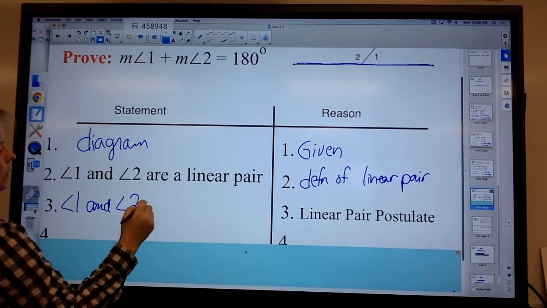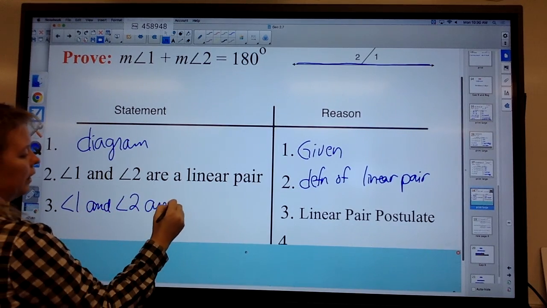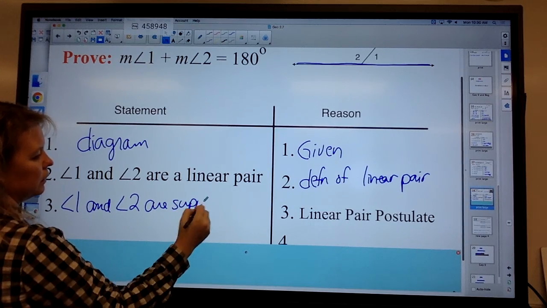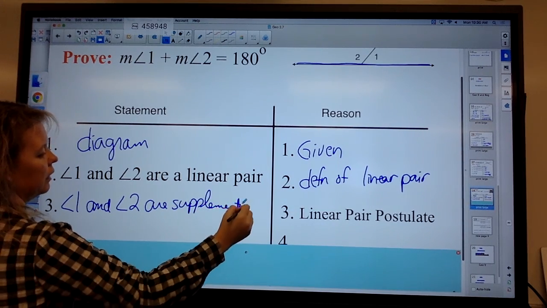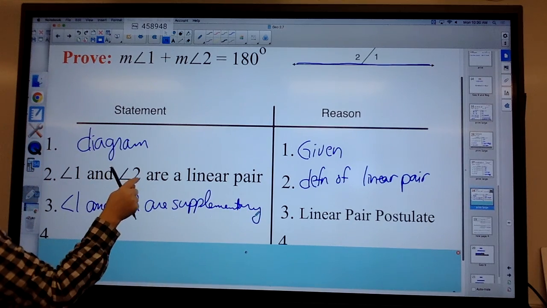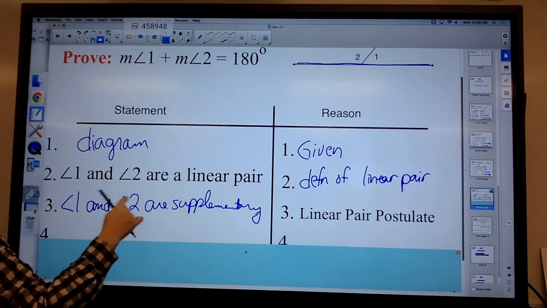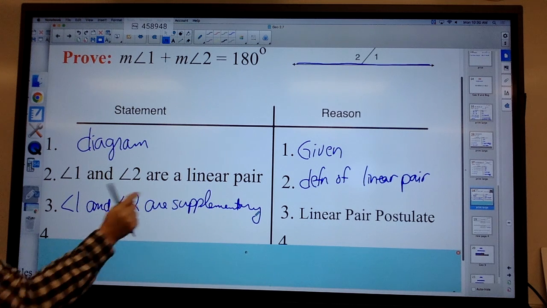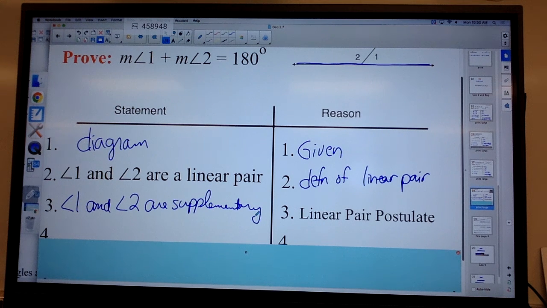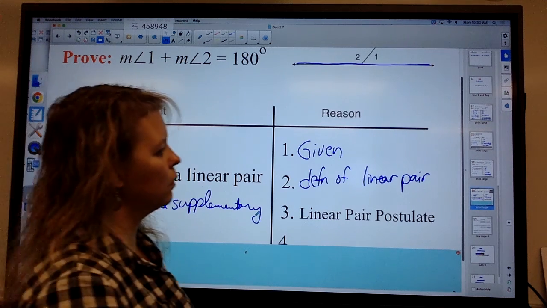We have to do what the linear pair postulate tells us. If two angles form a linear pair, then they are supplementary by the linear pair postulate. Now we only have one word, supplementary.